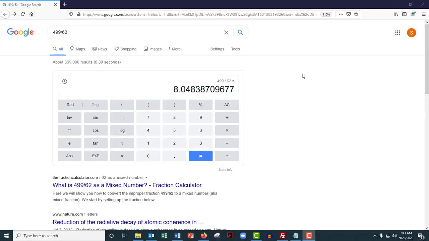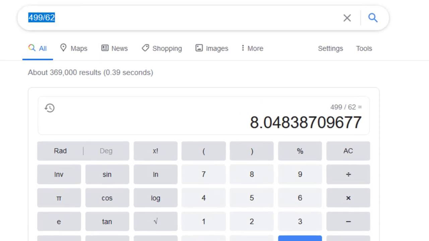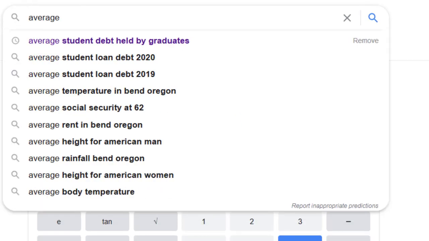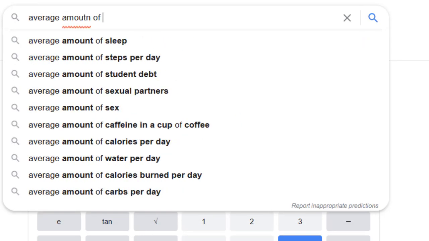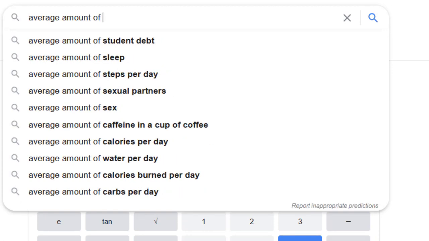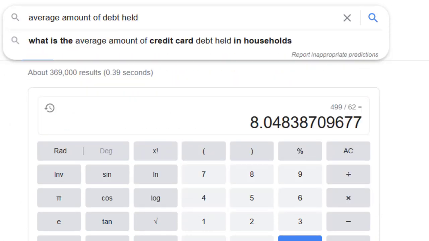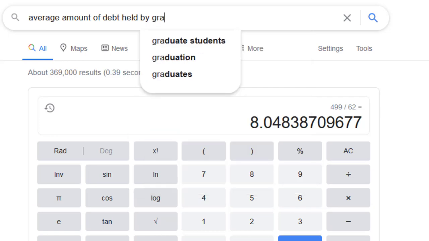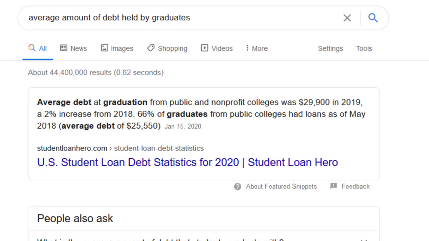I'll offer this example by way of comparison. I'm going to Google average amount of debt held by graduates. Now, this is a very broad, somewhat vague Google search, but I'm not worried about the semantics of the word graduate or debt.